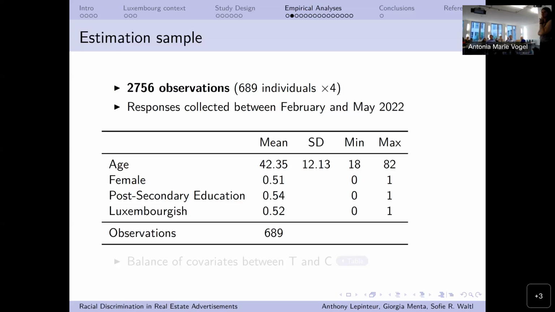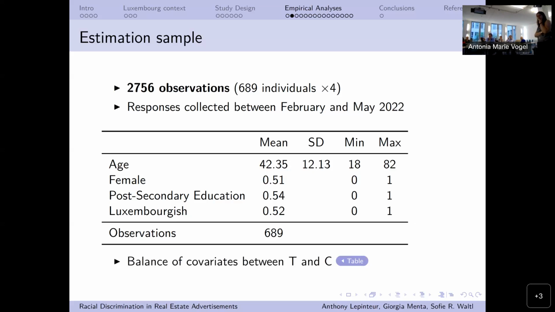We had a bit too many people with good education, which also fits Luxembourgish society, but not too bad in terms of Luxembourgish share. It was perfect because just as in reality, roughly half of them are native Luxembourgers and half of them were immigrants. So in that sense, it matches the population a bit.